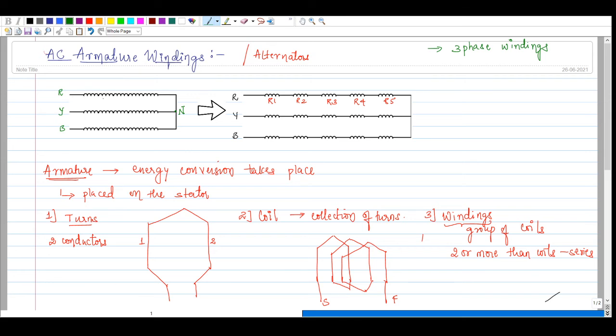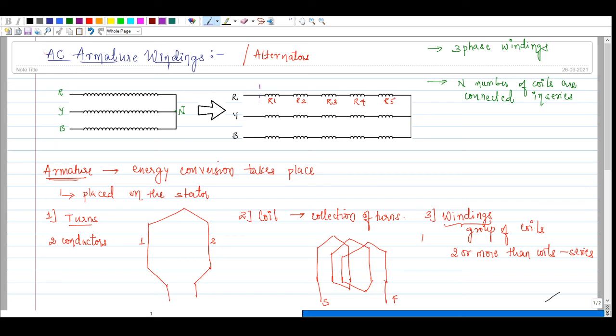Here it is not one single coil, but it has N number of coils which are connected in series, and this forms an entire winding.